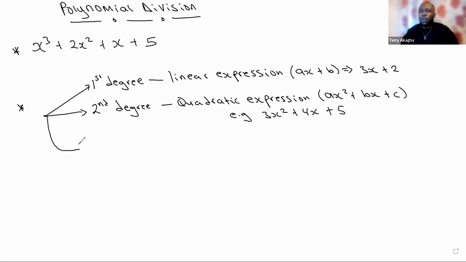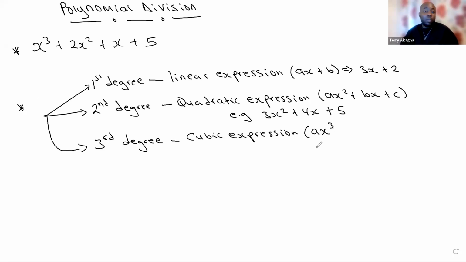Other ones you might have come across as well is the polynomial to the third degree, which is usually referred to as a cubic expression. In a cubic expression, x is raised to the power of 3.